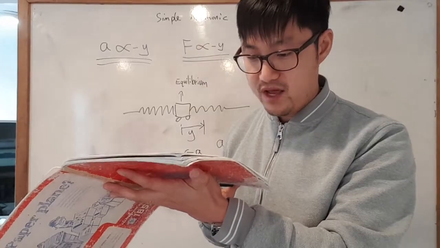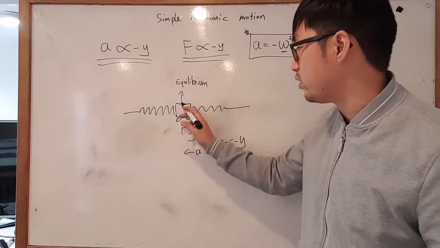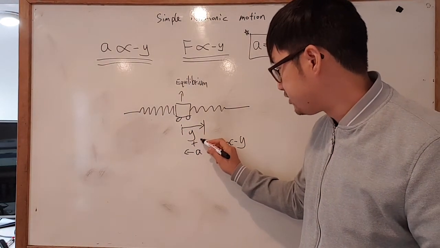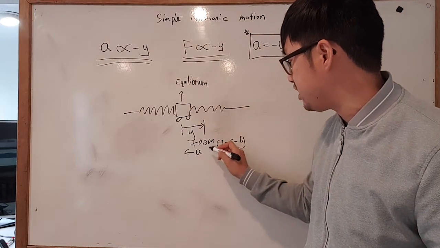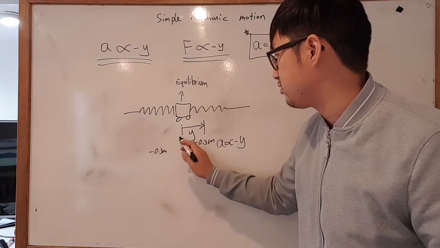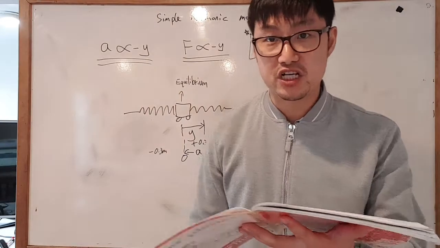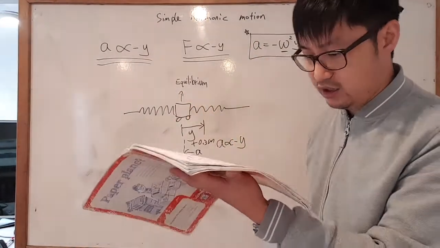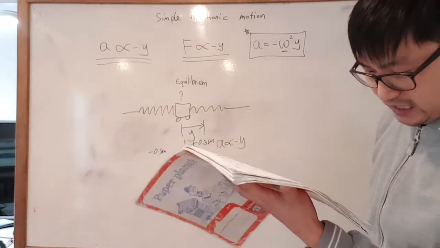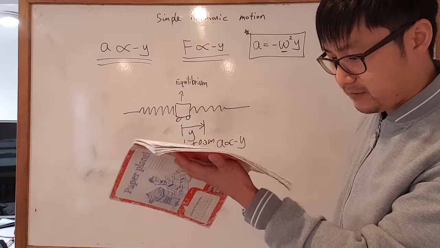So we define what is displacement and what is amplitude. Displacement is how far away it is from the equilibrium position. If I say this is a positive value, say positive 0.3 meter, then when it comes to this side, it becomes negative 0.3 meter, and in the middle is 0. We use positive and negative to show the direction, which side you are on. You can define it: if this is the positive side, then that is the negative side. The next one is amplitude.